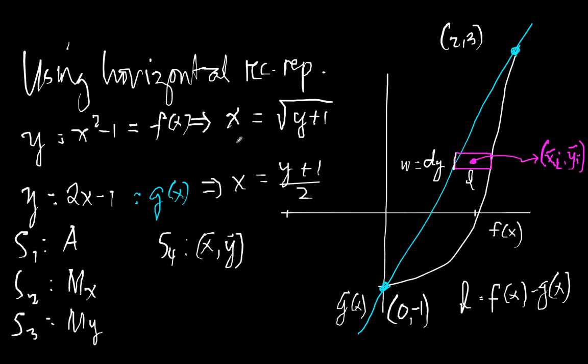Okay, so we have now found the functions in terms of x. And again, this is our f of y, and this is our g of y. So there we go.